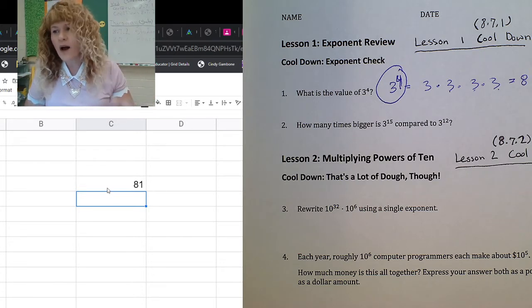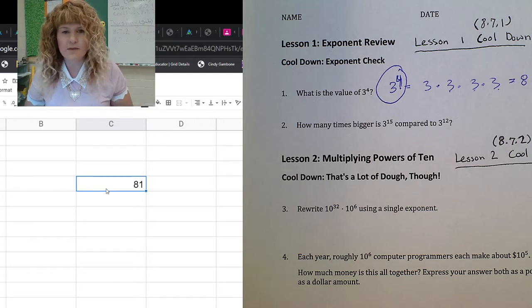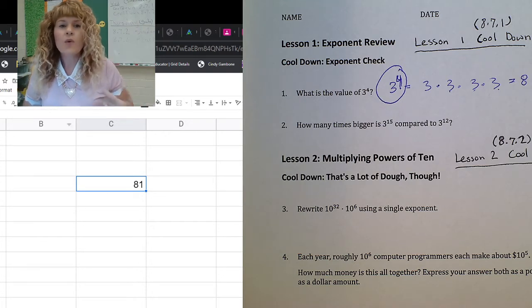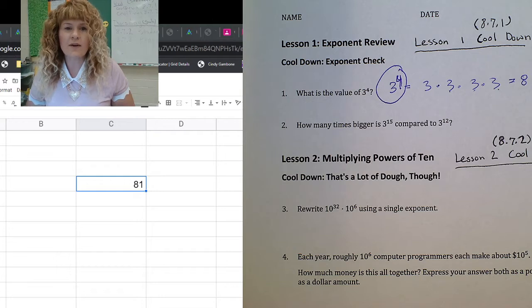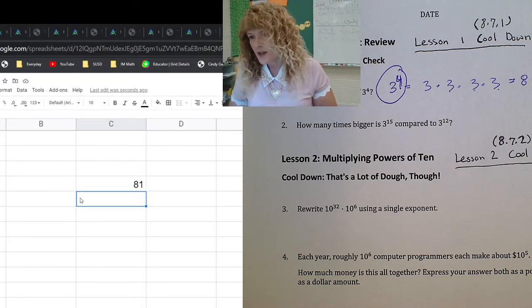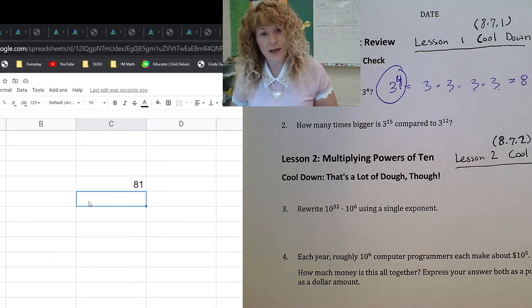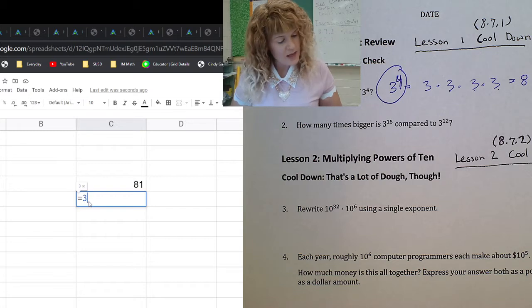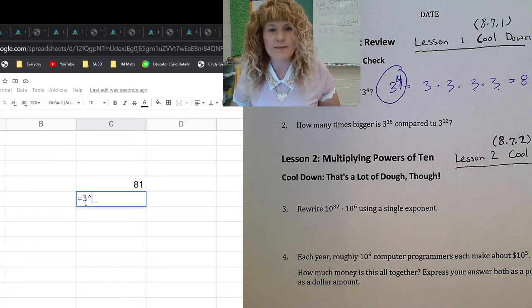But we don't want to push 3 times 3 times 3 times 3 every time. We want it to calculate a little easier than that, right? I'm going to show you the fast way. Put in 3 and then this caret symbol.